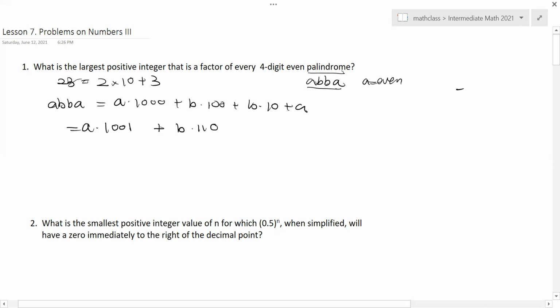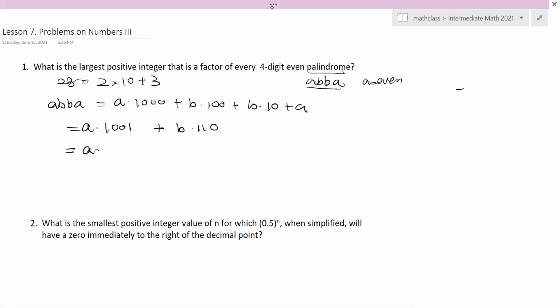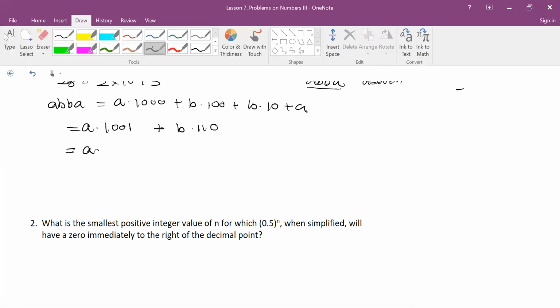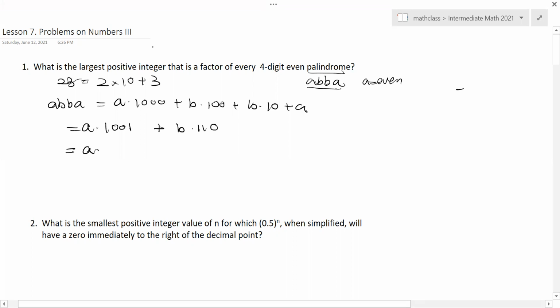Now each of them, especially 1,001, is divisible by 11. We're trying to find a common factor. Divisible by 11. Then after you divide by 11, you get a quotient. It's 91. 11 times 91.